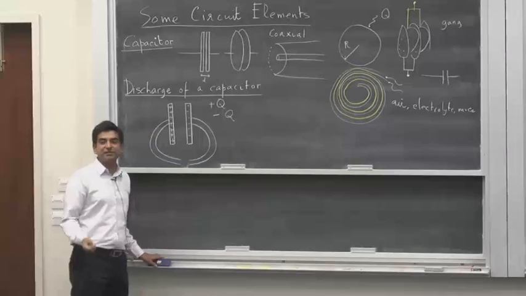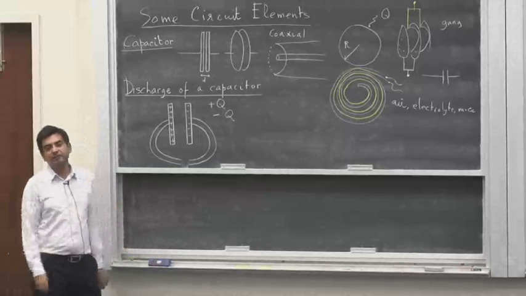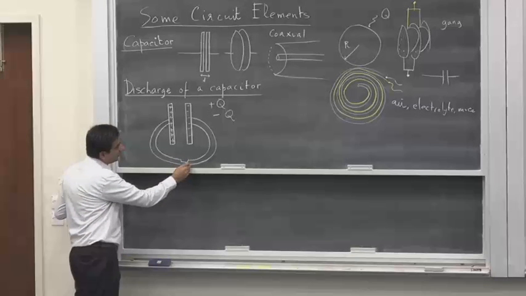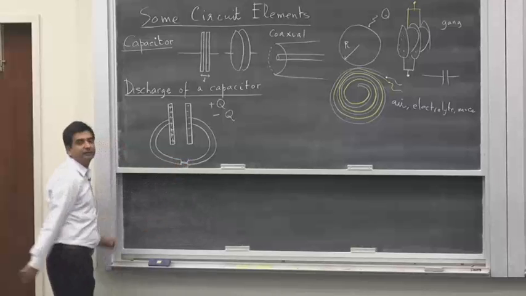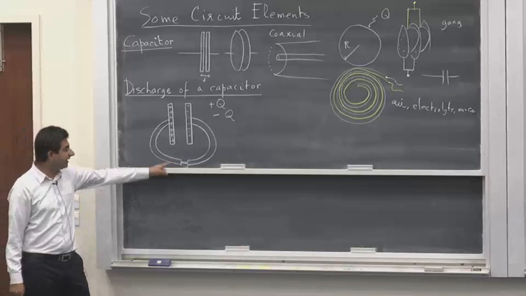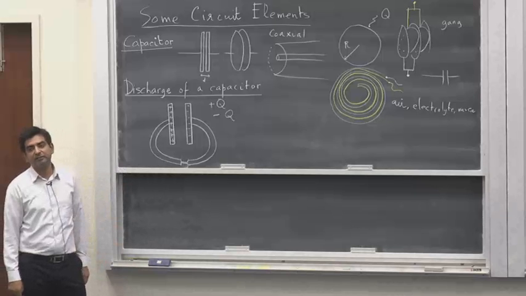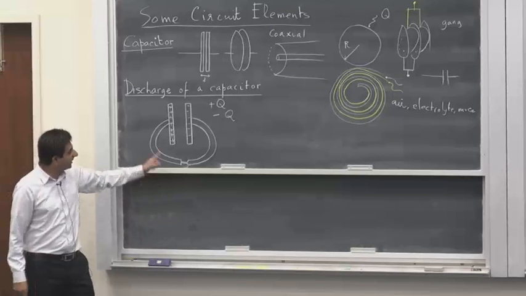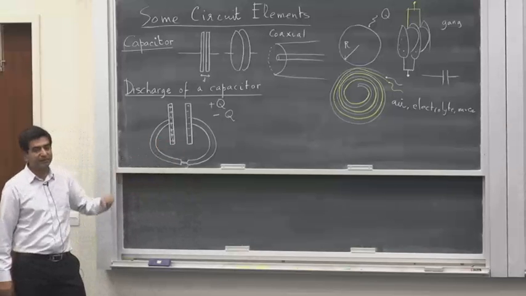A bulb is just a thin piece of wire. So I represent that bulb by a thin piece of wire. That's what really a bulb is. Okay? So it's a highly resistive material. A thin filament is a high resistor. So it's represented in this schematic diagram by a thin piece of wire.